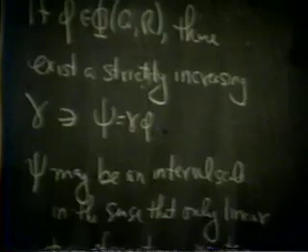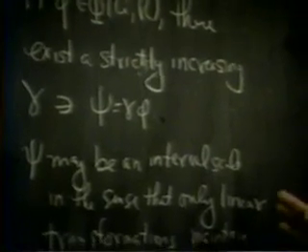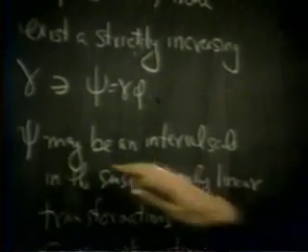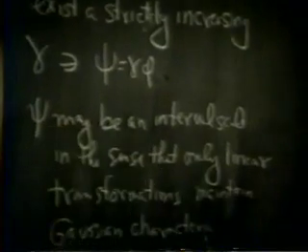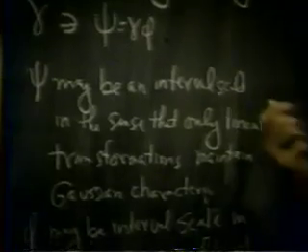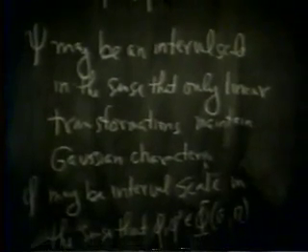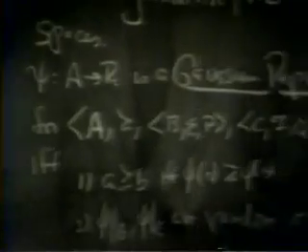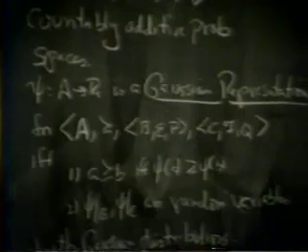Now, notice that in these situations, the random variable psi may be viewed as an interval scale in the sense that only under linear transformations is the Gaussian property maintained. That's well known. If you're talking about a random variable that has a Gaussian representation, you're limited to interval scale transformations.